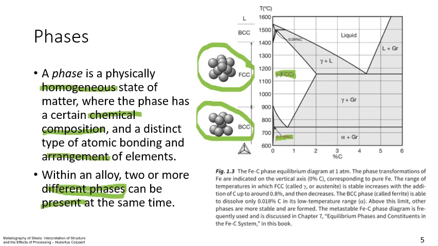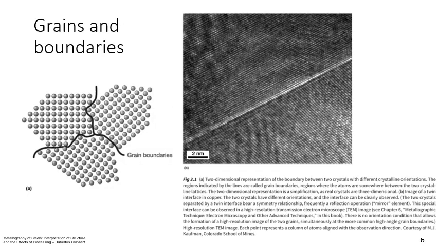They will be ferrite plus carbide. And usually the carbide will be also mixed with ferrite in a constituent called perlite. But before we talk about ferrite and perlite, let's talk about grains and boundaries.